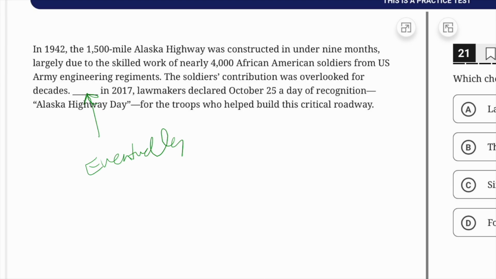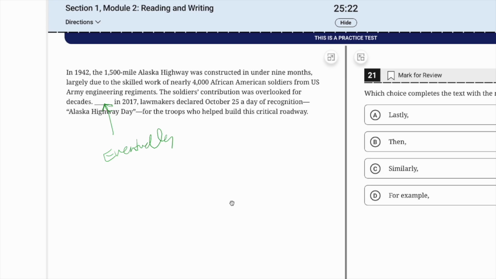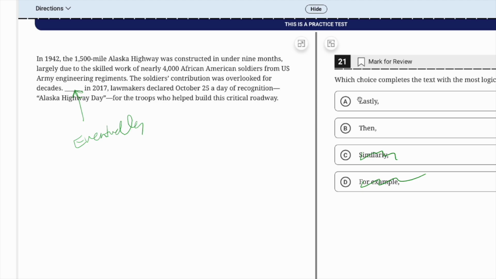So it's not going to be similarly, and it's not going to be for example. Lastly versus then. I would not say lastly here. I imagine that would be a fairly tempting choice, and it is tempting, but we don't really have a sequence.